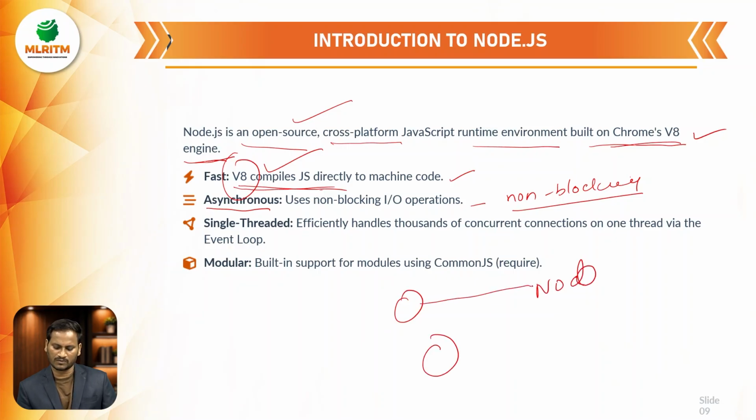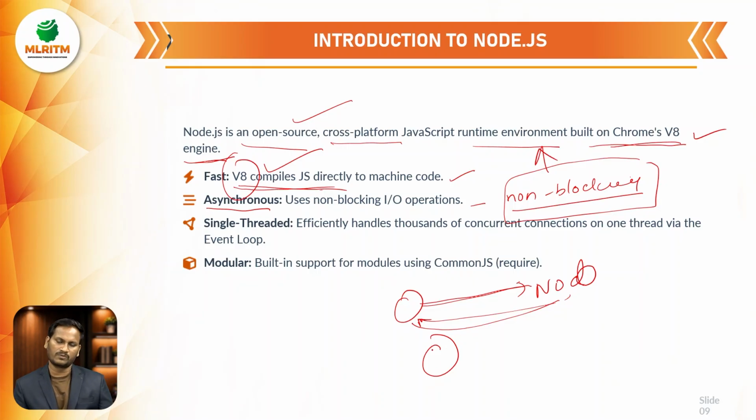A browser would take one input from the user, process it, and give the response, and only after finishing would it take the next one. But in Node.js, non-blocking is the best and special feature. It will take a number of inputs from the user, process them, and give output at a time, so there won't be any delays.